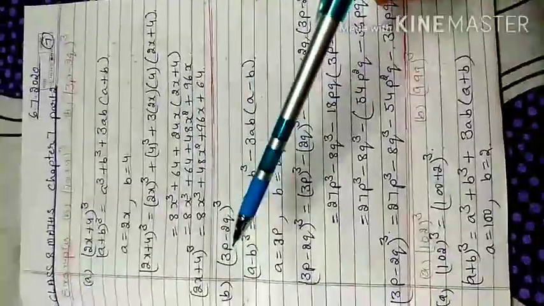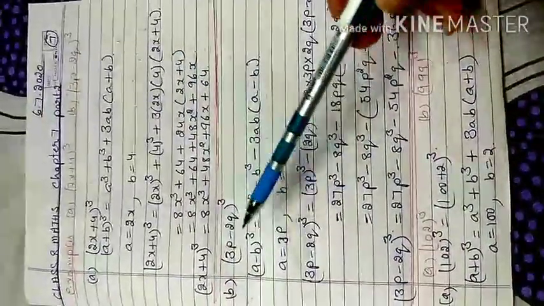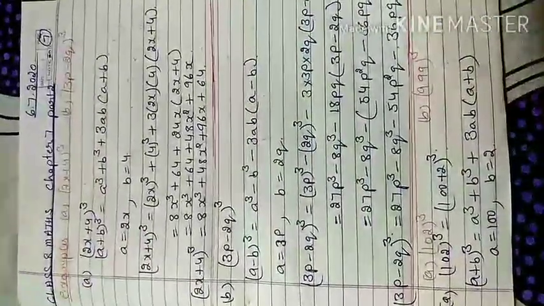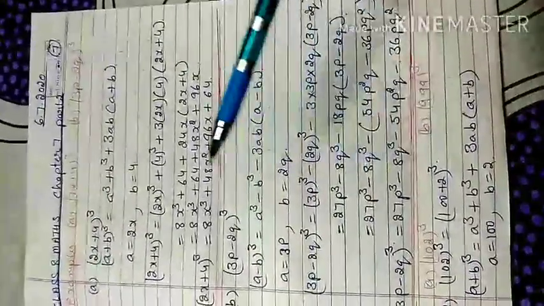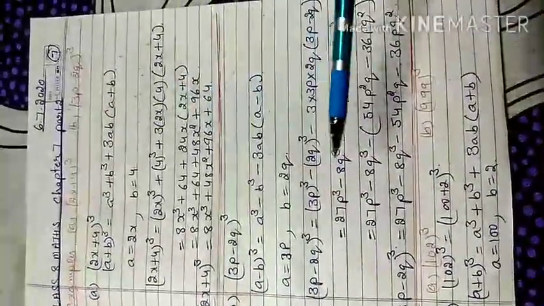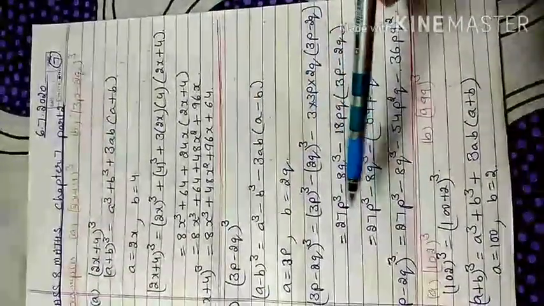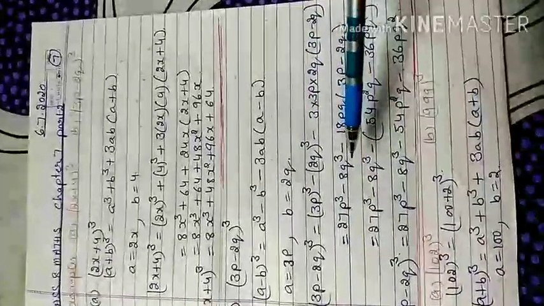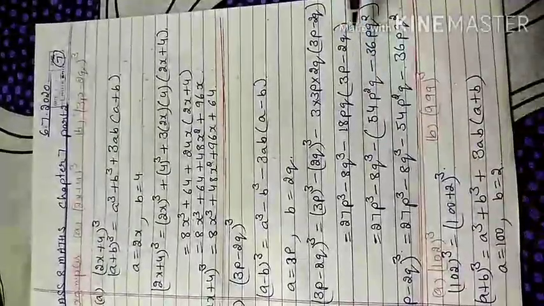Similarly, if I have (3p minus 2q) whole cube, I apply the formula (a minus b) whole cube, which is a cube minus b cube minus 3ab into (a minus b). A value is 3p, b is equal to 2q. I just replace a with 3p and b with 2q in the formula. So if I replace, 3 cube gives me 27, 2 cube gives me 8, q cube, 6 into 3 is 18, p cube, (3p minus 2q).